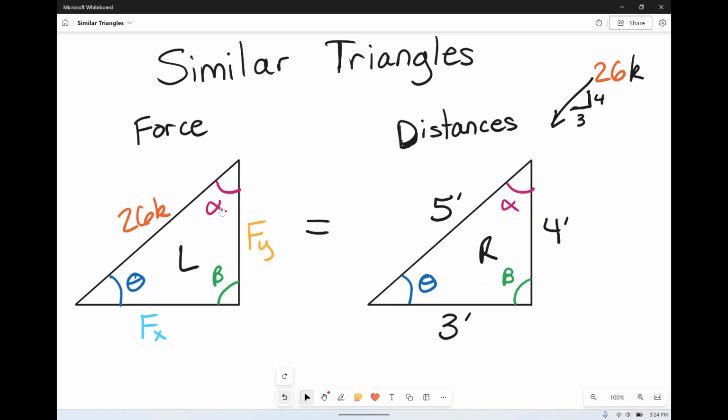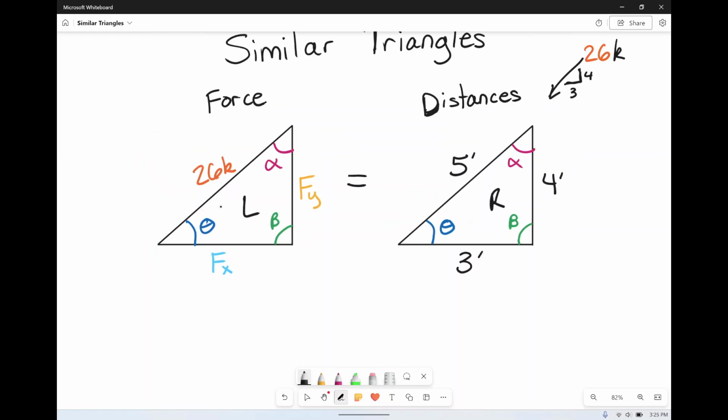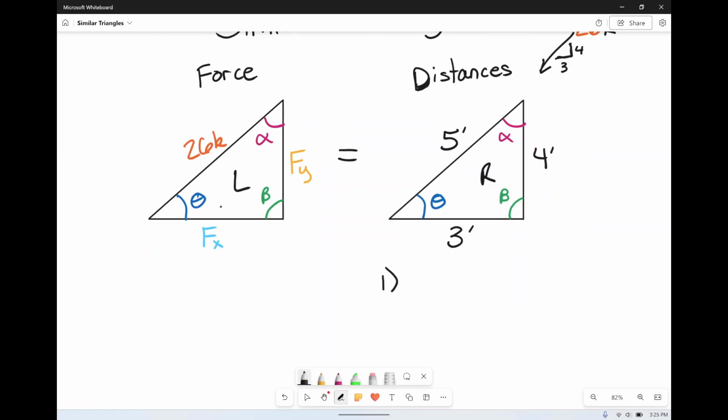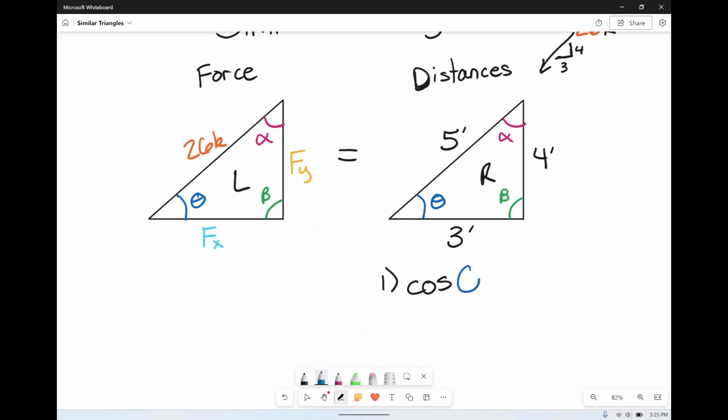Well, for starters, you're looking at the same triangle here. We just discovered theta's the same, alpha's the same, beta's the same. Maybe you like cosine. So you start off over here, step number 1. You say that I'm going to relate the cosine of theta, theta's in dark blue here, so that we're all clear, this is going to be the triangle on the right.